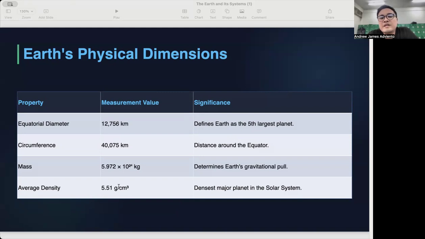We are the fifth largest planet in our solar system, but perhaps most importantly, look at the density at 5.51 grams per cubic centimeter. Earth is the densest major planet. That density comes from our heavy metal core, which is responsible for our gravity and the magnetic field.